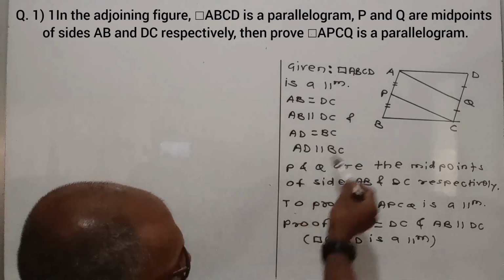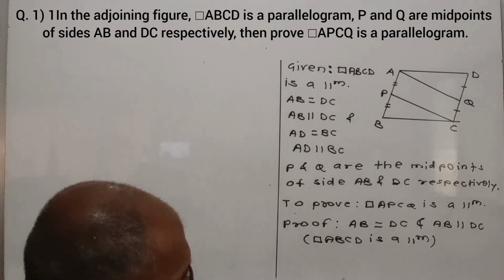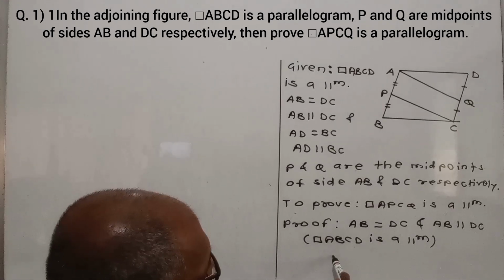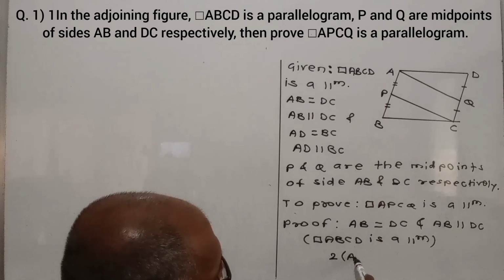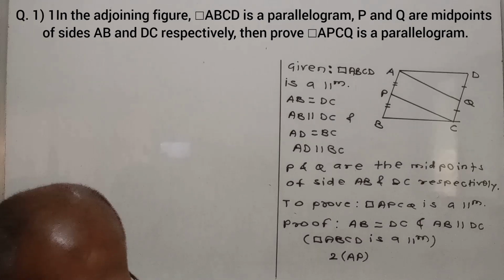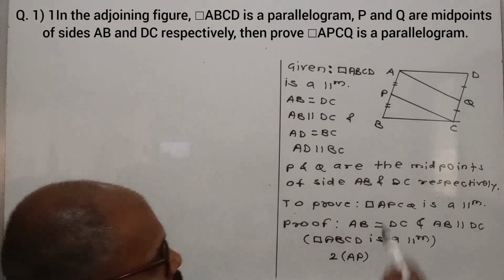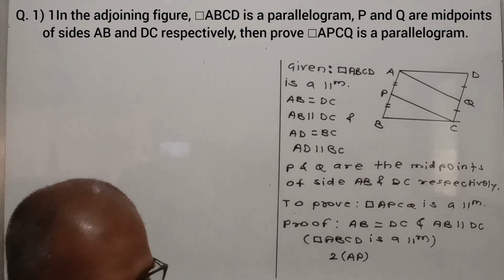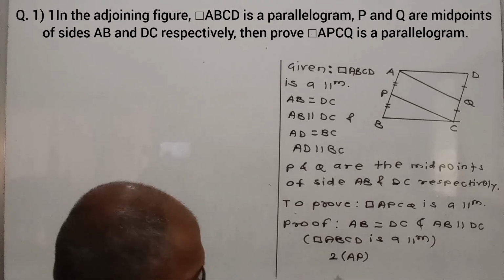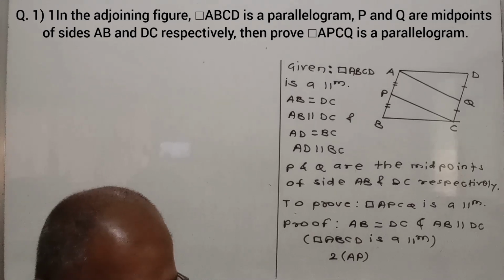Now P is the midpoint of side AB. Then instead of AB, we write here 2 into AP because P is the midpoint of side AB. So we write 2 AP or 2 BP, but we want quadrilateral APCQ, so we take this 2 AP. Don't write 2 BP. Did you get it?